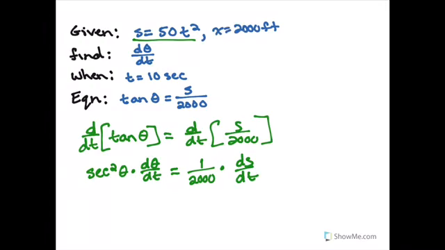Okay, so we're solving for d theta dt. Secant squared is 1 over cosine squared. So I can multiply both sides of this equation by cosine squared, and we will have d theta dt by itself.